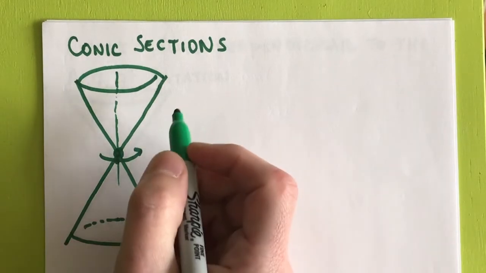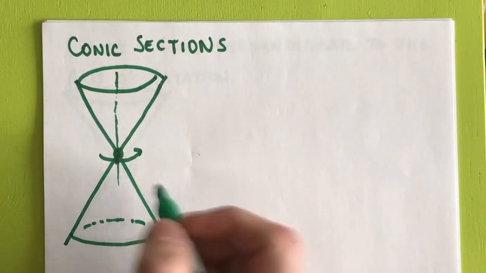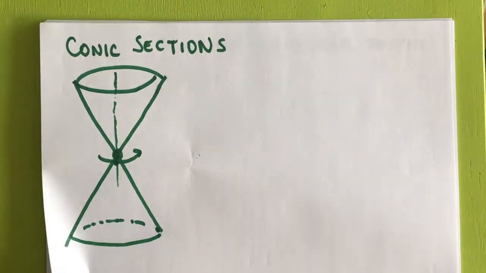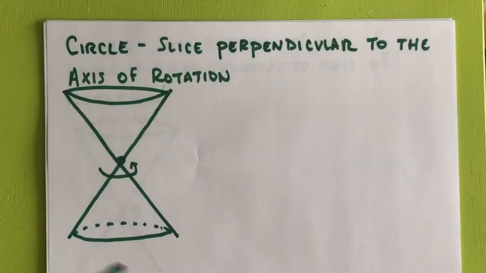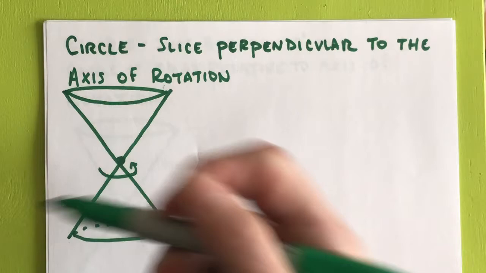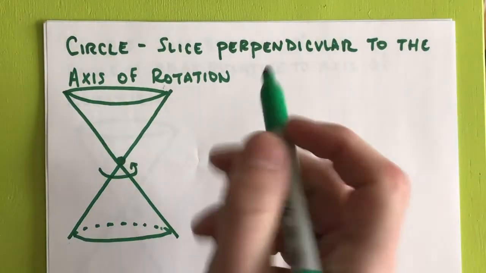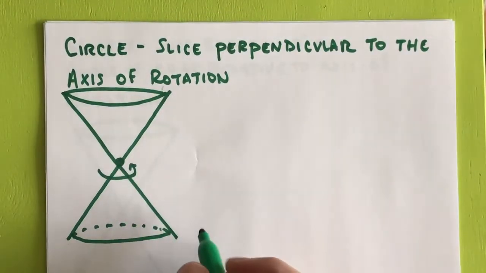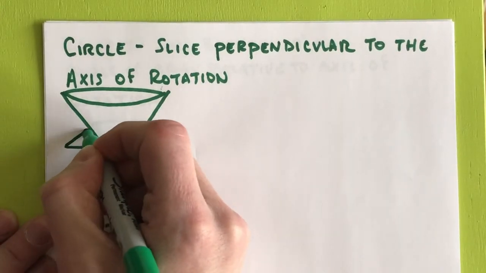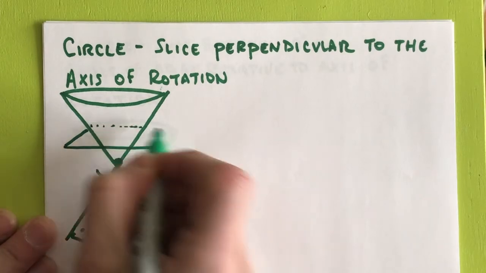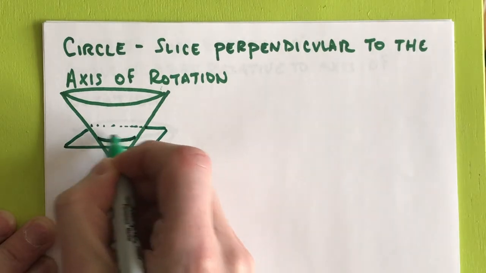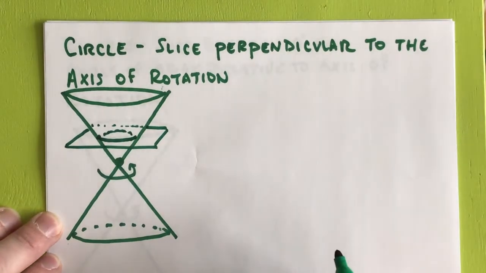After this, we're going to look at specific curves. We're going to find these by slicing the cone in different ways. First of our conic sections is what we've just been looking at with polar coordinates, the circle. If we take a plane, a flat piece like a paper, and slice through this cone perpendicular to the axis of rotation, what we're going to get is a circle.